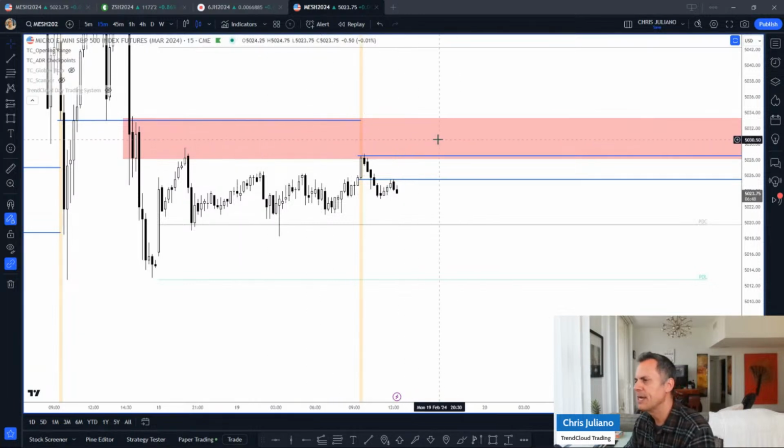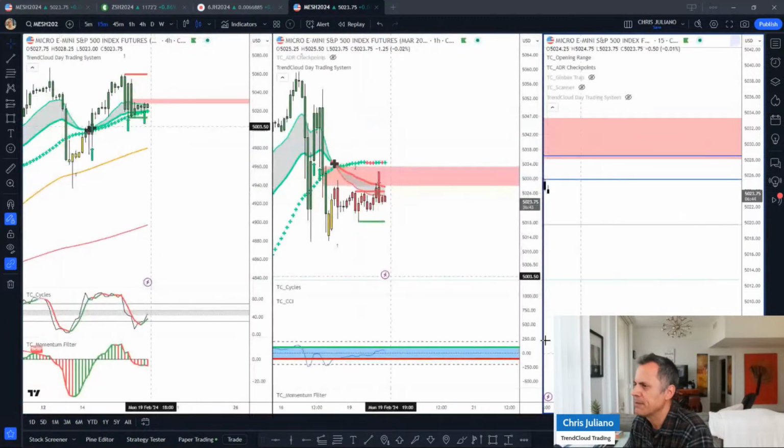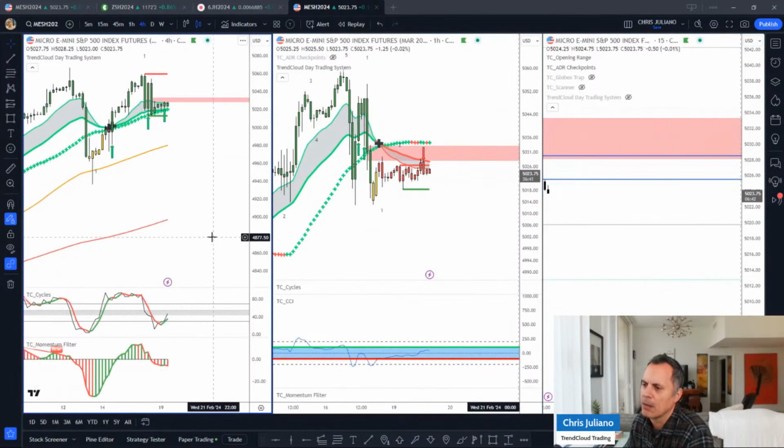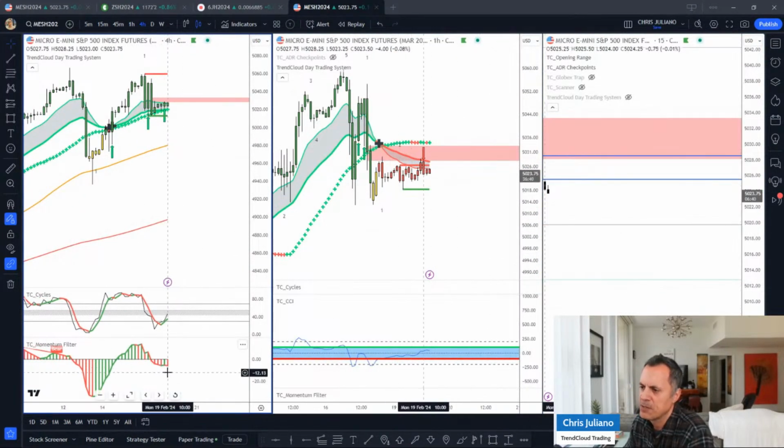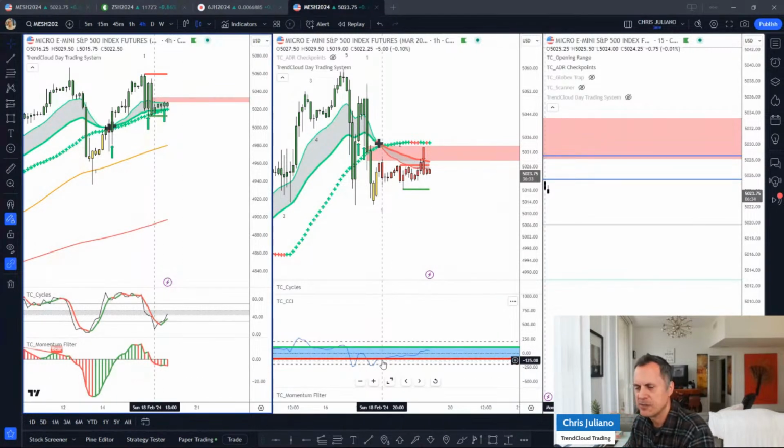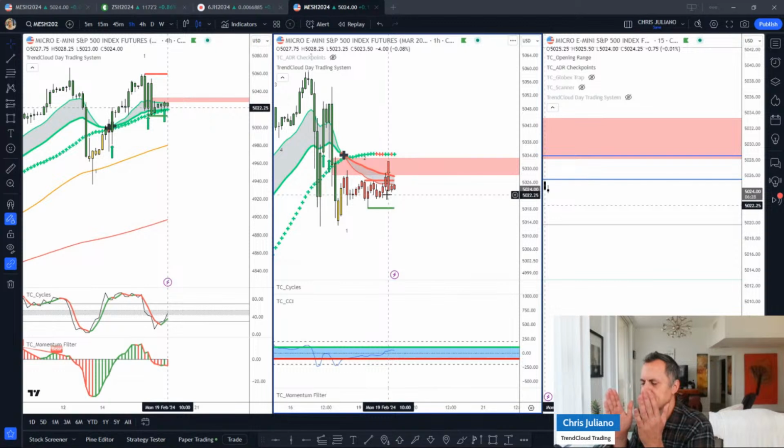It formed right at the top, and we had a ton of momentum to the downside. Momentum on the 1-hour chart is still to the downside because we went below -100, right? It's literally telling us all of the information that we need.